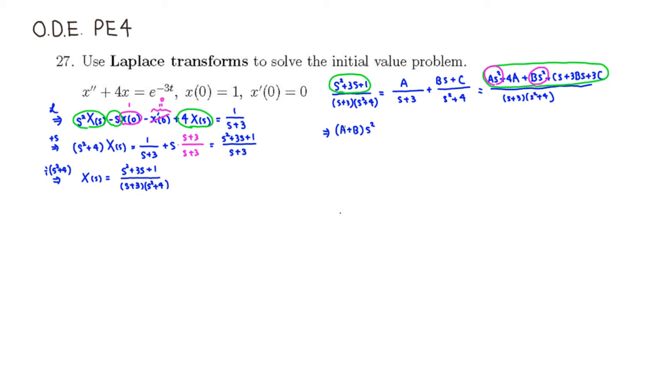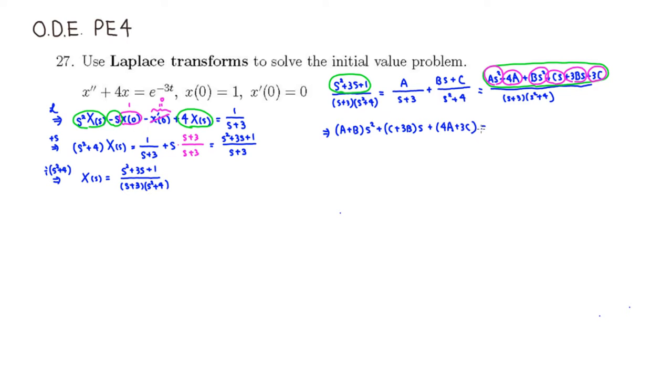Then the s term would be, there's a cs and there's a 3bs, so we're going to get c plus 3b, times s. Then the constant term would be 4a and 3c, so we're going to have plus 4a plus 3c.